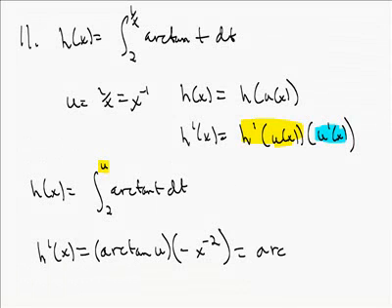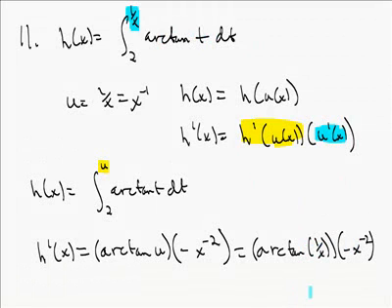So we have the arctangent of 1 over x times the derivative, which is just negative x to the negative 2. In other words, to use the fundamental theorem of calculus when the upper limit of integration is not just a variable but a function of the variable, you rewrite the function with that expression in place of the variable, times the derivative of what's inside.